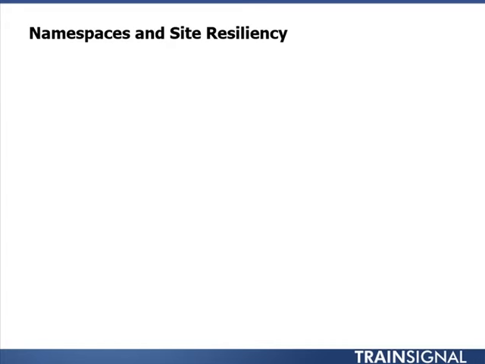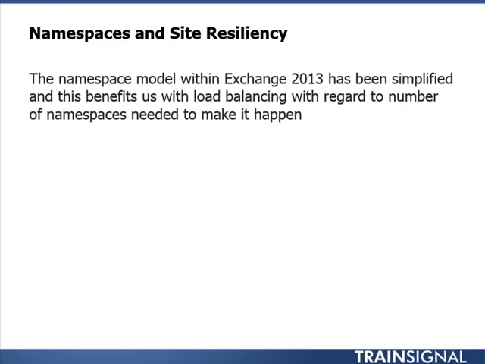And so when you're dealing with multiple sites, you need redundancy of these namespaces as well. So the namespace model within Exchange 2013 has been simplified, and this benefits us when it comes to load balancing with regard to the number of namespaces that are needed in order to make this happen for site resiliency.